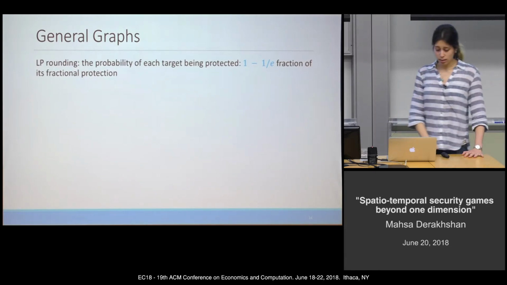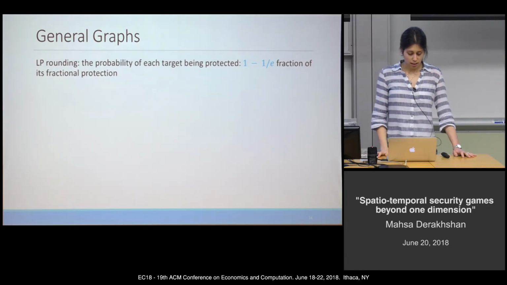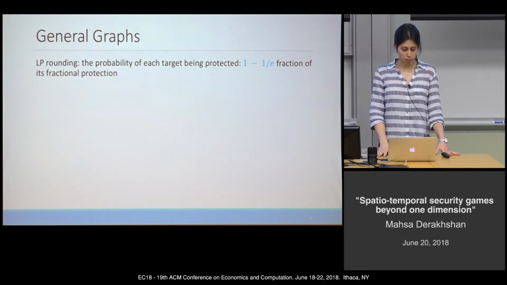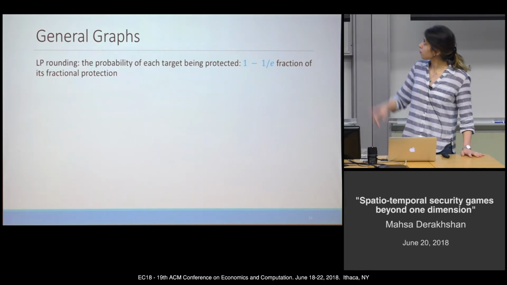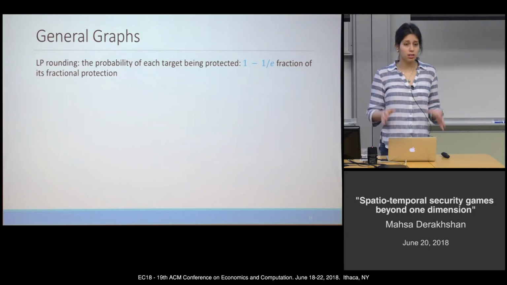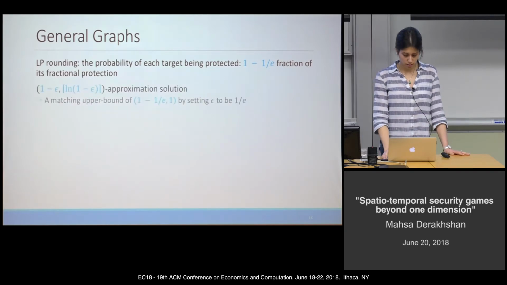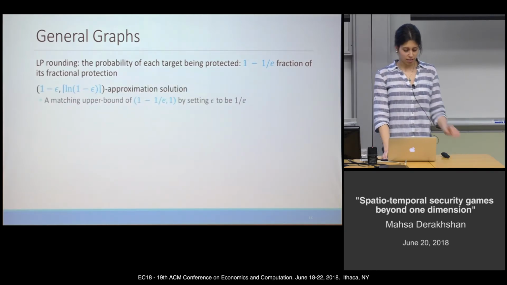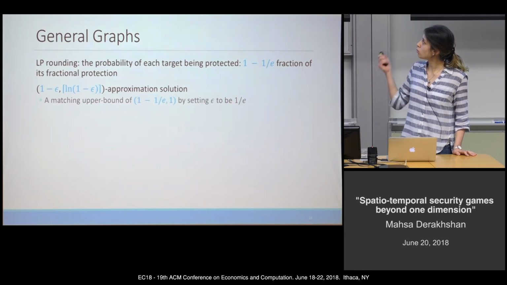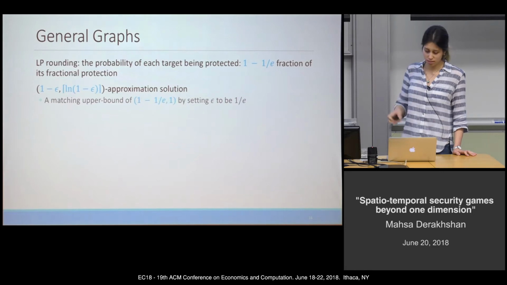In the LP rounding method that we give here, the probability of each target being protected is 1 minus 1 over e fraction of its fractional protection. Because of that, we can give this approximation solution, which, if we set epsilon equal to 1 over e, gives a matching upper bound for the hardness that we have.